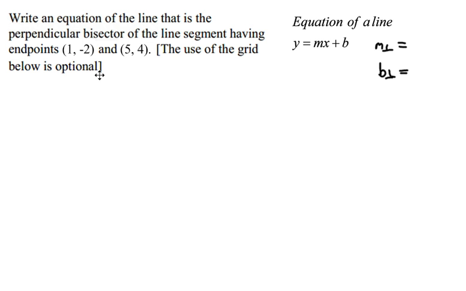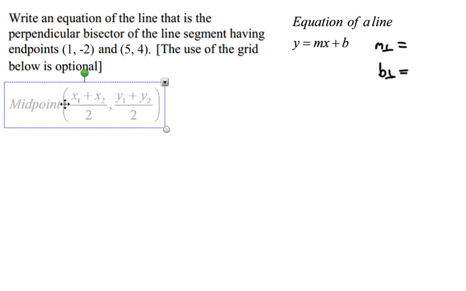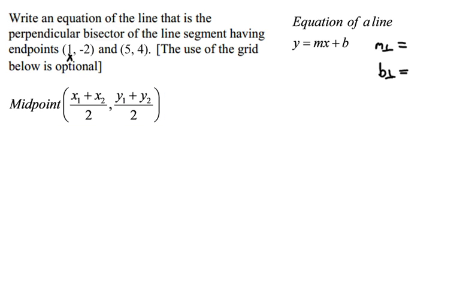We know that the perpendicular bisector has to pass through the midpoint. So I need to find the midpoint of these points here. Here's my midpoint formula, and I'm doing the midpoint of (1, -2) and (5, 4). So you're going to label: this is my x1, this is y1, this is x2, this is y2.